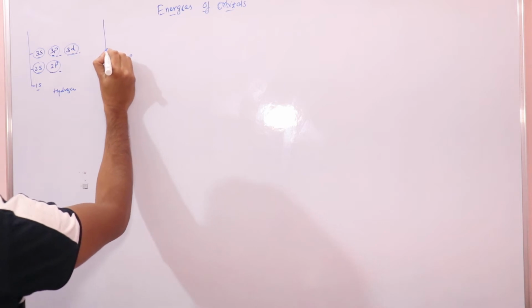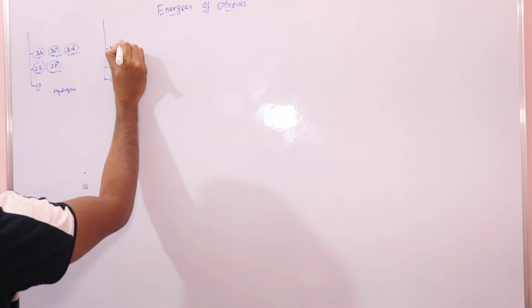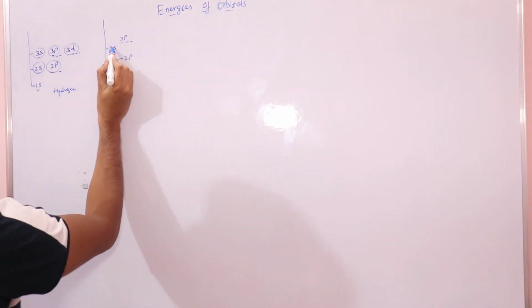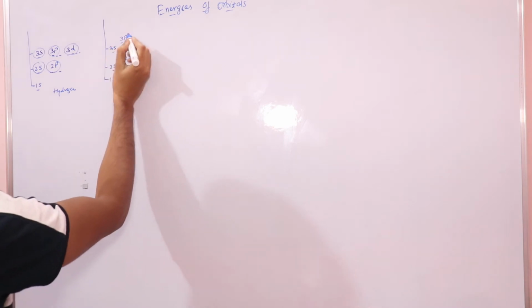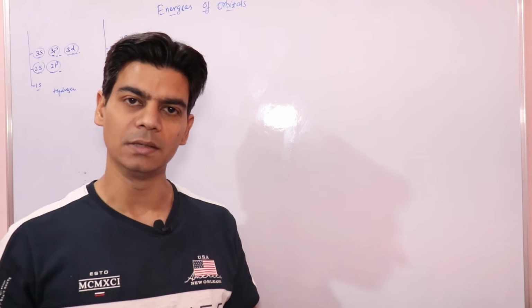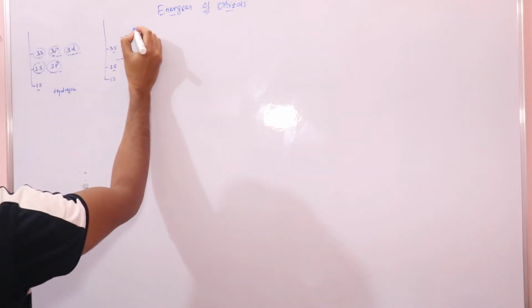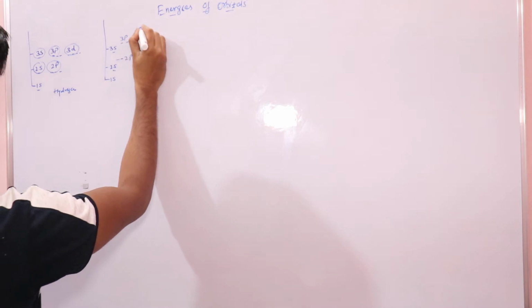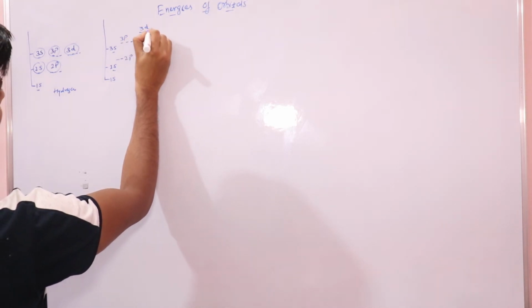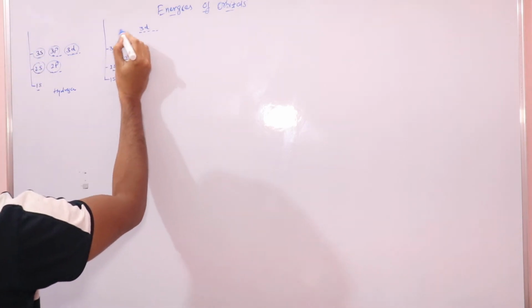Similarly, if we talk about the third shell, the energies of its subshells would be different. That is, the energies of subshells s, p, d of the third shell would be different, and this is how it will look. This is 3s, 3p, 3d.